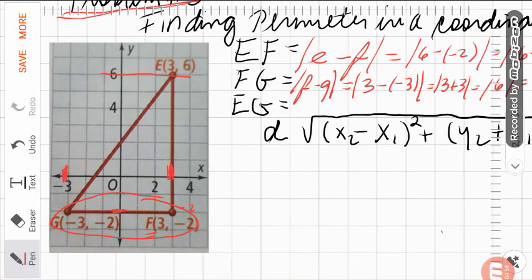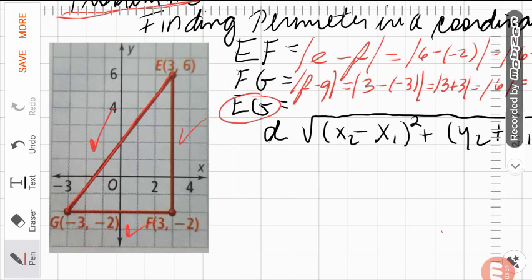So now that we have found the value for this segment and this segment, we now need to find this segment right here. That is the segment EG, as you can see here. But this one is treated a little differently. Why? Because in a triangle, this would be the equivalent of the hypotenuse.